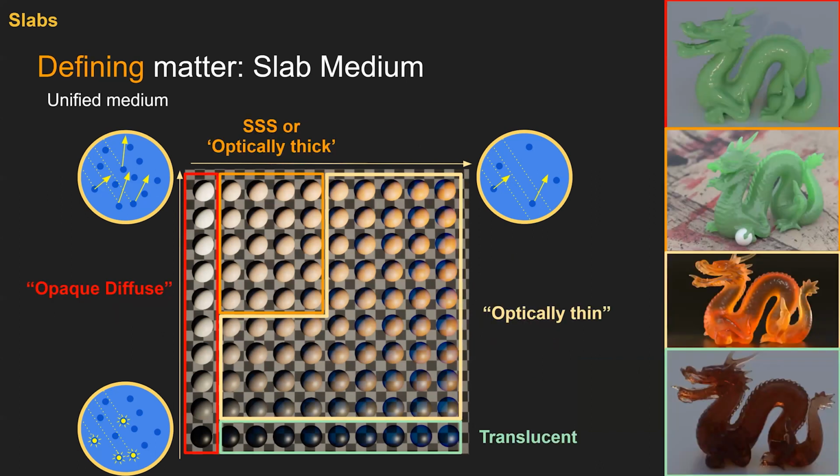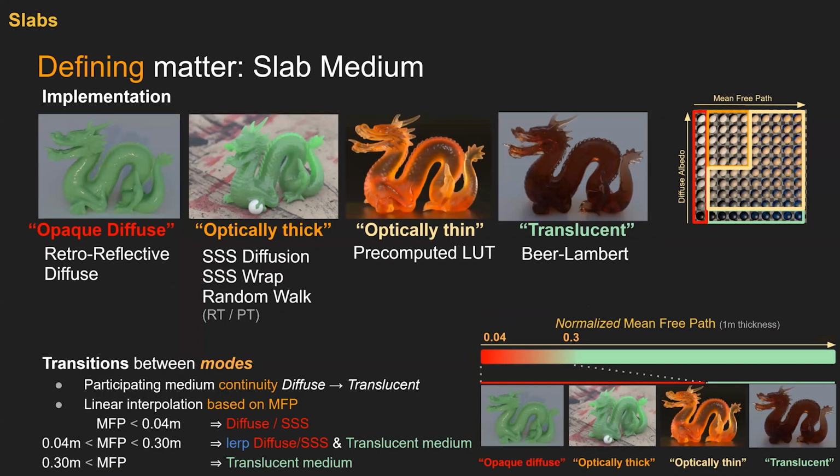And for the real-time constraint, we remap that appearance range into various traditional techniques: from diffuse to subsurface, assuming dense mean free path, and optically thin, which is something we've introduced, and the full translucency. The diffuse is implemented with just a regular rough diffuse model, and we have the subsurface, which is implemented with post-process diffusion, or random walk for the path tracer.